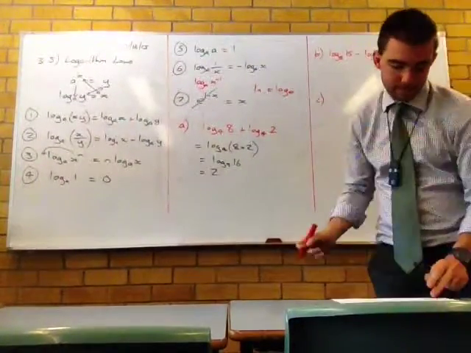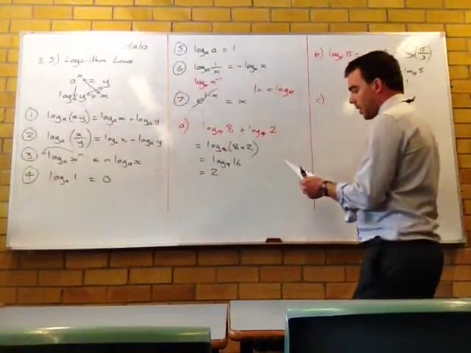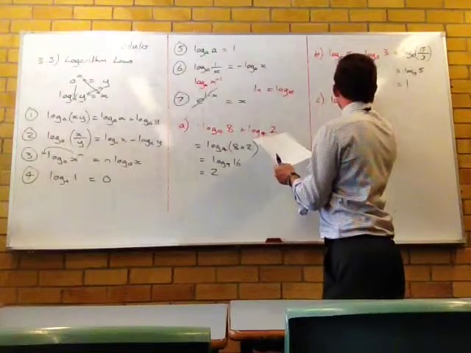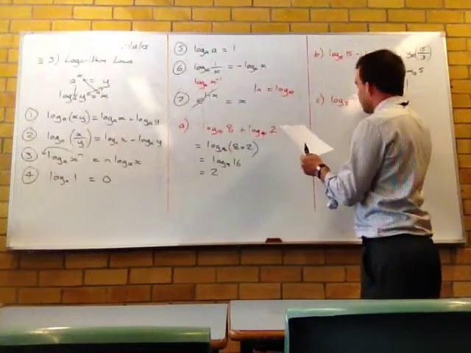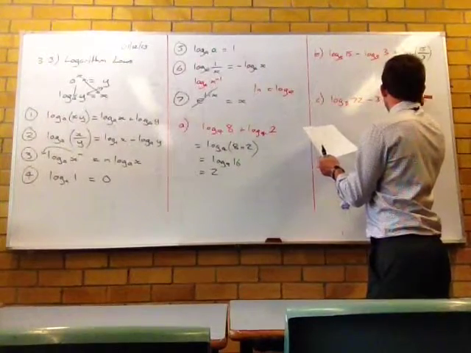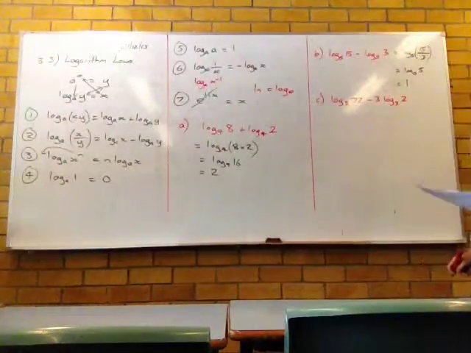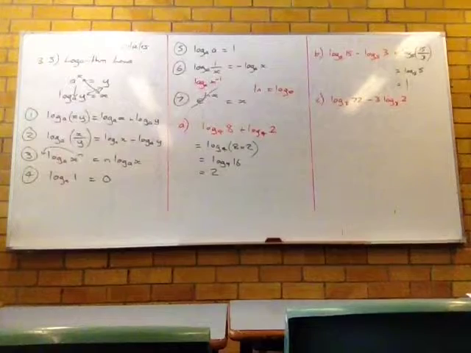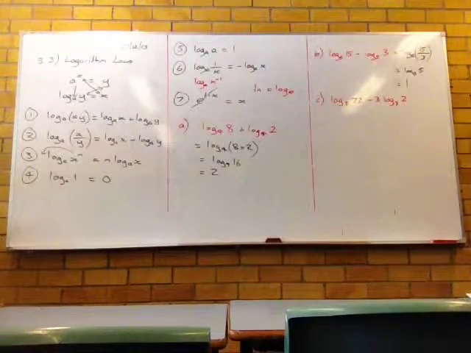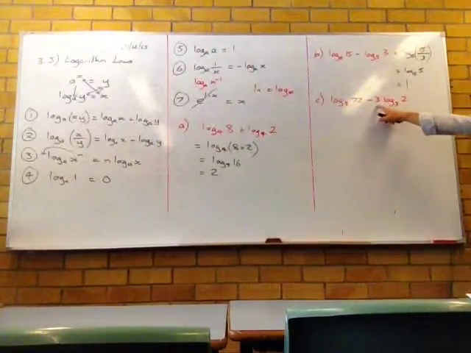C. Find the value of log base 3 of 72, take away 3 log base 3 of 2. Right, as it stands at the moment, is there a problem? There's a 3 at the front here.